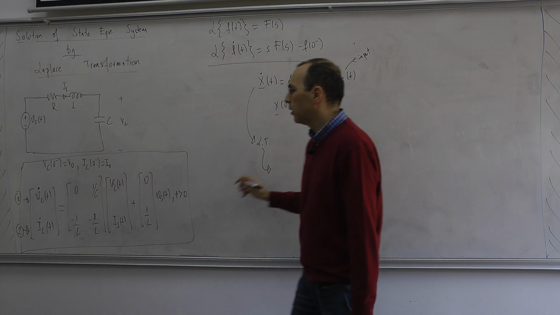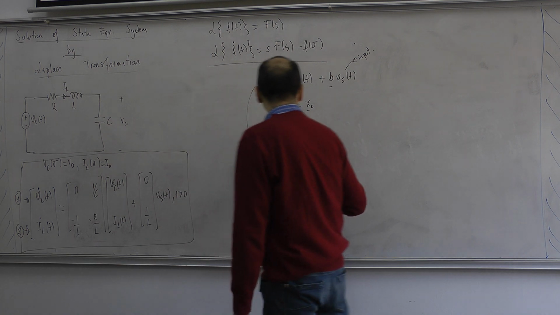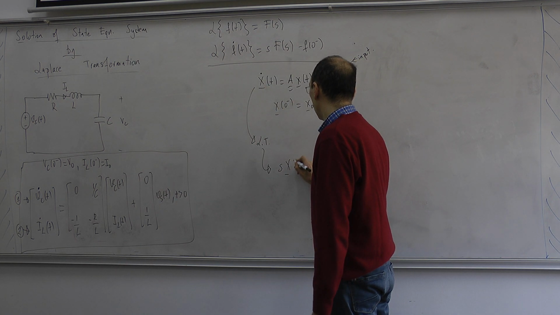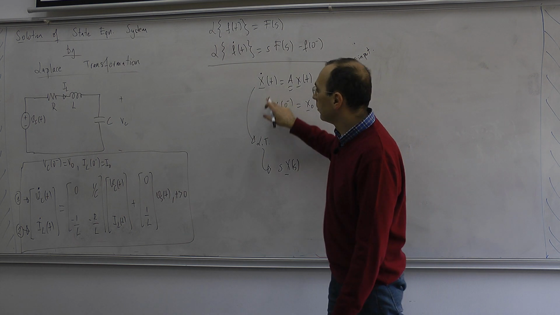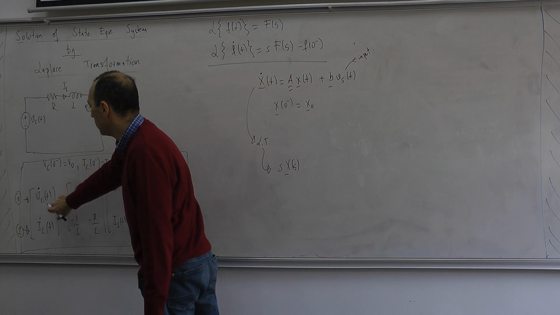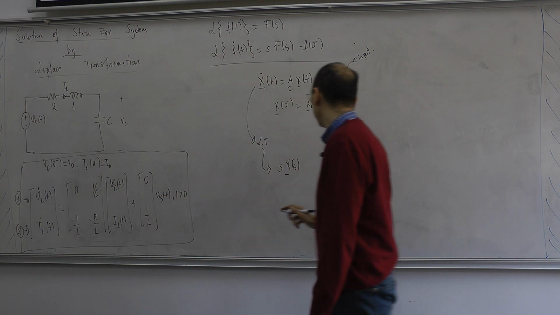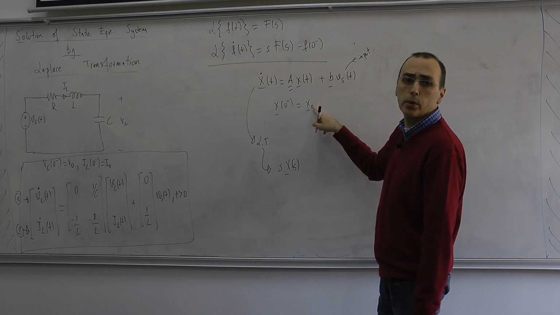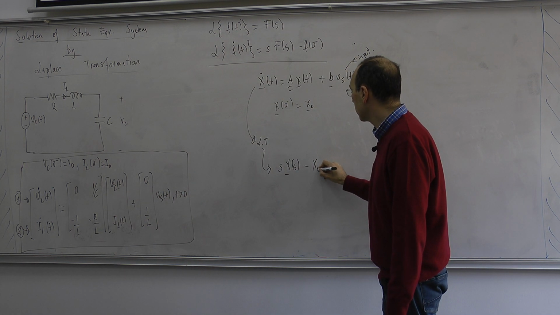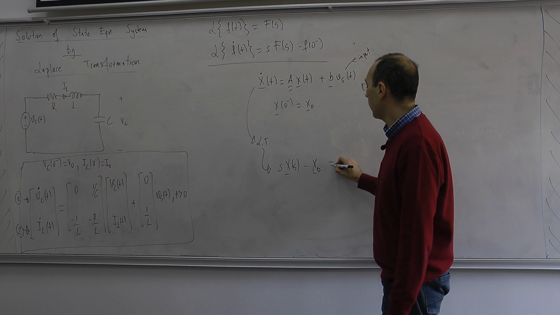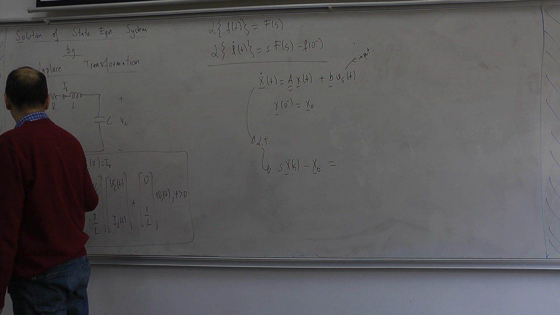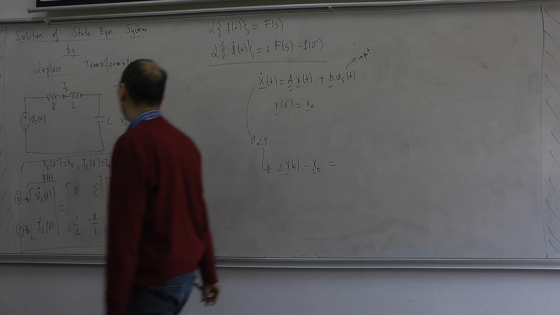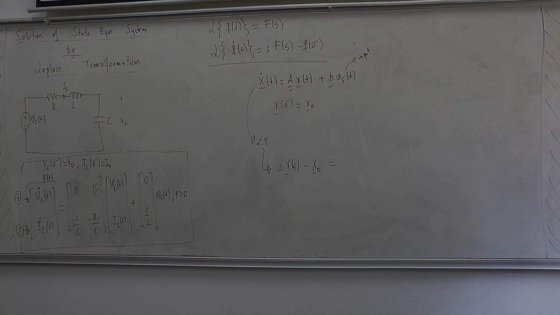So if I do that, I'll be multiplying the following: s times X of s minus the initial condition of Vc and il should be subtracted, but in vector form, but that's already given to us, minus x naught, isn't it? That becomes the Laplace transform of essentially this part, x dot of t.